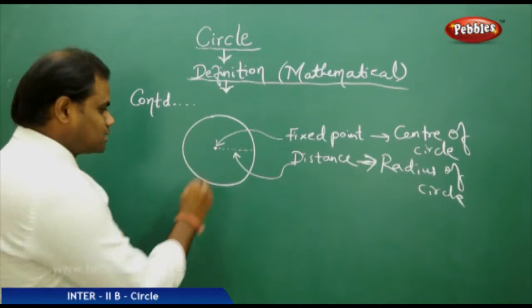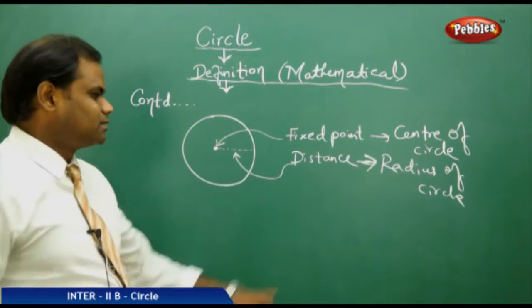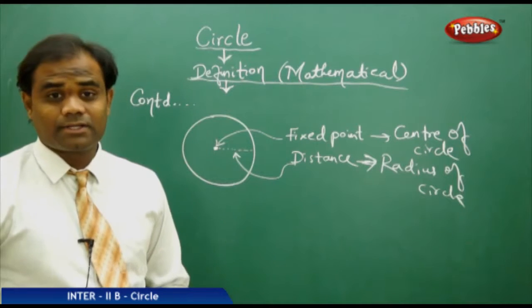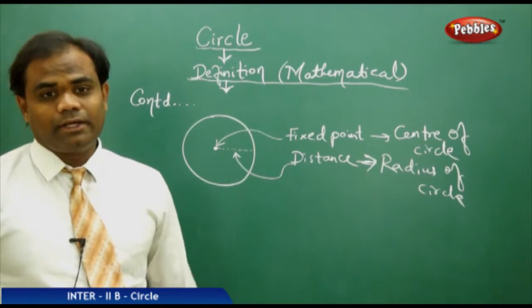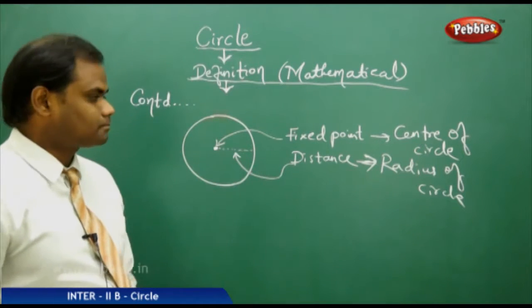So the center is the fixed point here, and the distance here is called the radius of the circle. Therefore, center and radius define a circle in the mathematical sense of understanding.